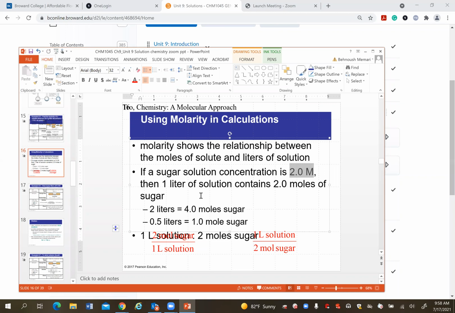You don't always have to have 1 liter of solution to work with. You could have like 5 milliliter of solution, but still concentration is 2 molar. What does it mean? It means that if you had 1 liter of that solution, it would have contained 2 mole of that sugar. So it's a ratio that we are working with.